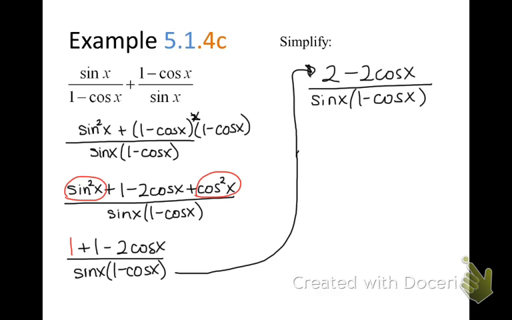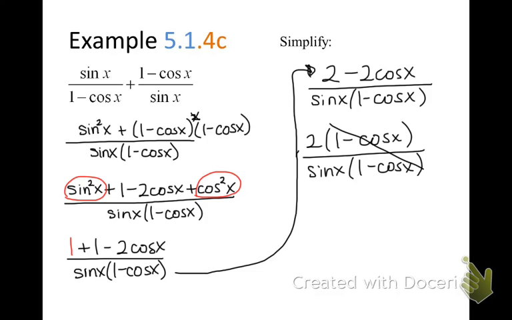Now where do your natural algebra instincts take you? Add the 2. Factor the 2, I'm sorry. Yes, factor the 2 out. I heard add 2 and I was like, what? And now what do you see?